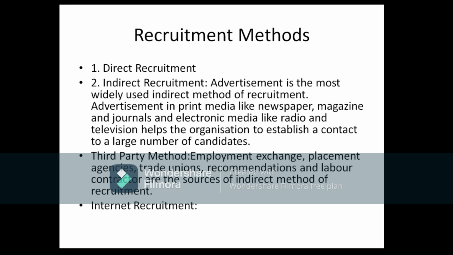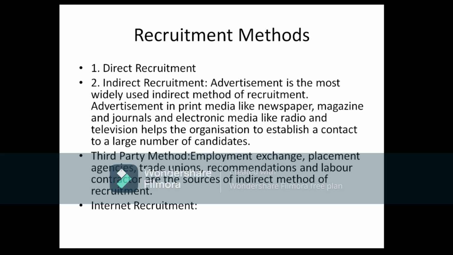Next is internet recruitment. This is recruiting or locating the people through online mode. In this, the company uses various websites to locate the people, like naukri.com, pricedjobs.com, jobsdb.com, jobstreets.com. So these are the websites through which the candidate is searched.